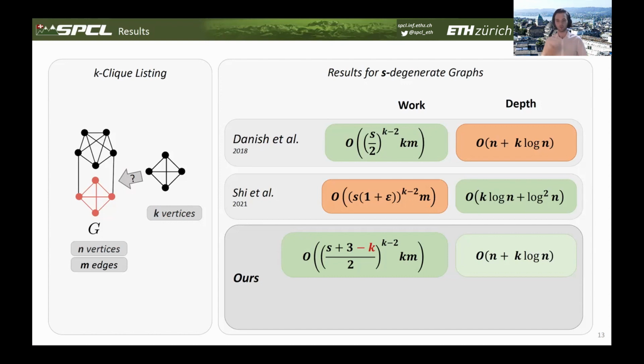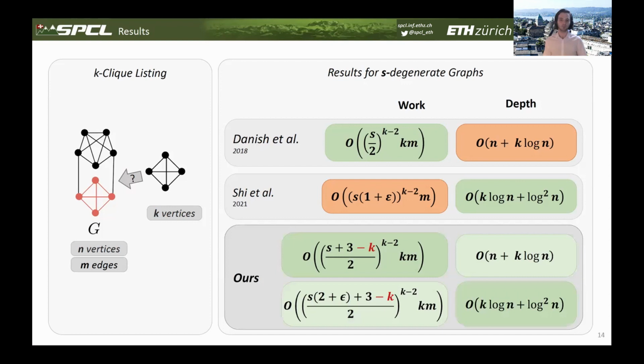So we have reduced the base of the exponent, and in particular, to get a feeling about what this means, if k is on the same order of s, then this is an improvement which is a factor exponential in k better. Now, for the same depth as Shi et al., we also present the same kind of improvement in the base of the exponent of (s+3-k)/2. And now notice that k is always at least 3 because we are looking for 3 or 4 cliques.